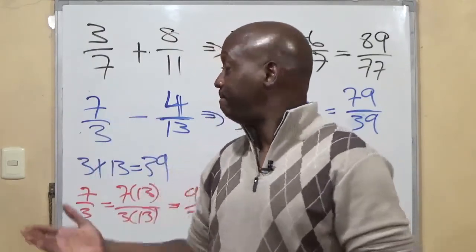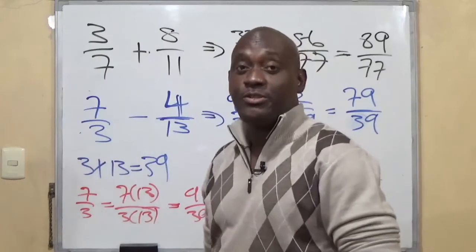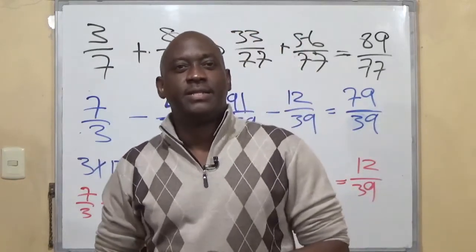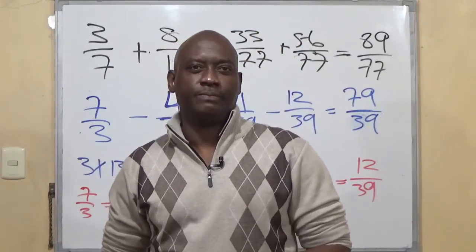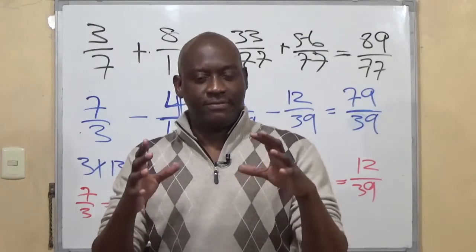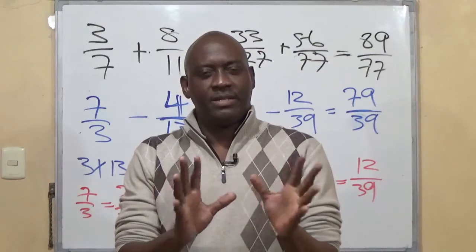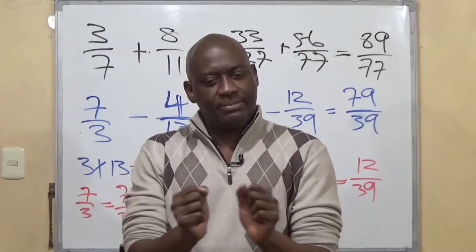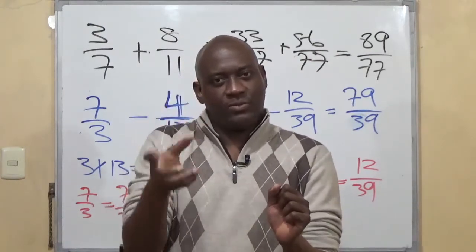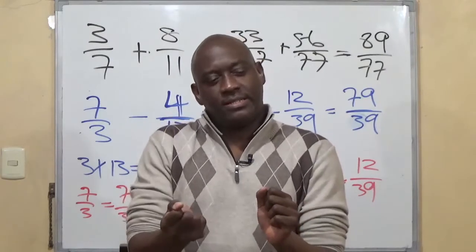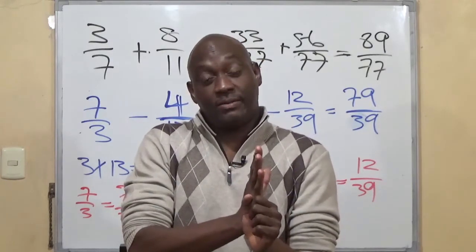We just spent 3 videos exploring the case of fractions, where you have the same denominator, with a little relationship between the two that allows just one to change to become the same denominator as the other one.